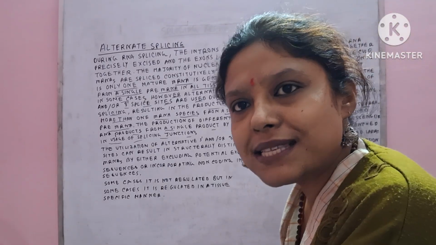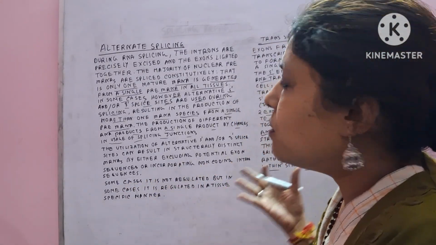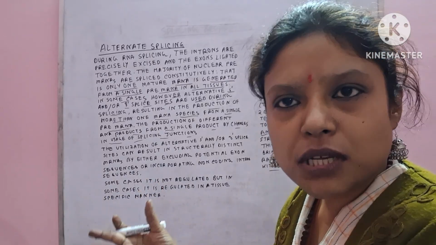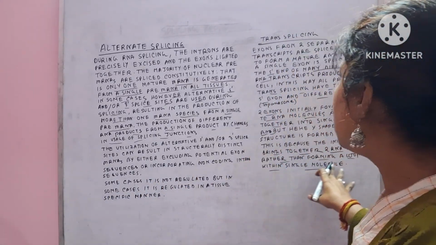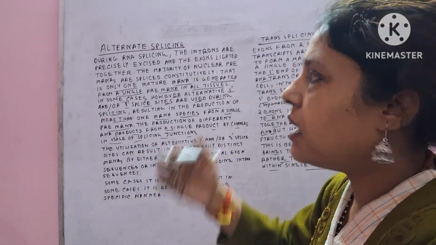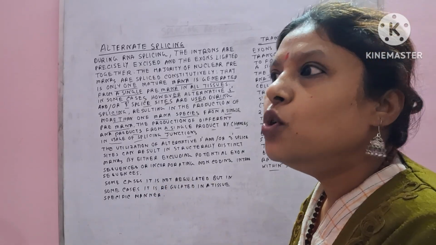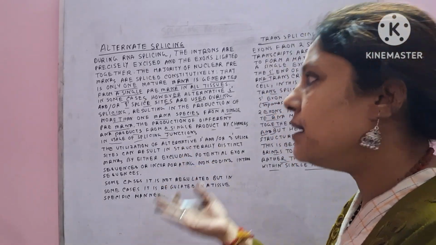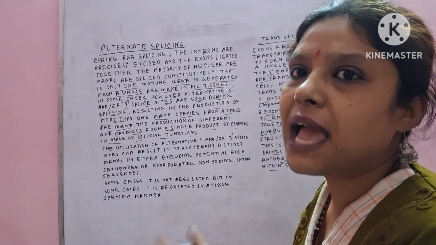General splicing occurs in a single RNA molecule, but here two RNA molecules are involved, so a loop is not formed. There is one exon coming from one RNA and another exon coming from another RNA, so no loop formation is needed. So here you can see the Y-shaped splicing apparatus.